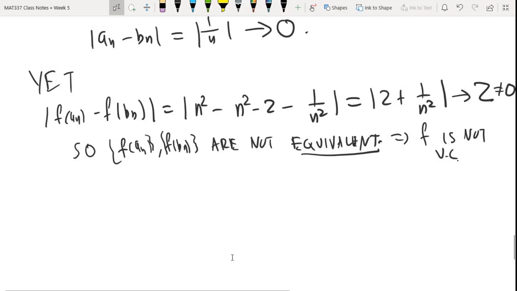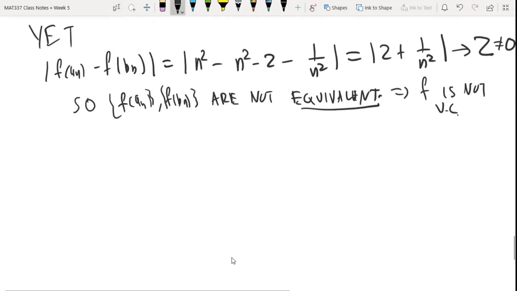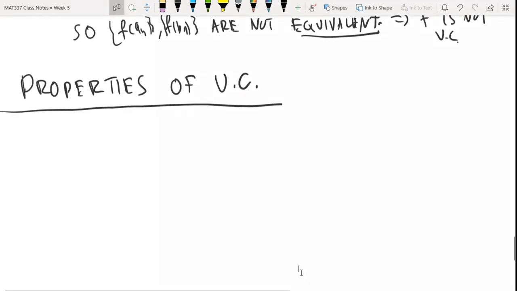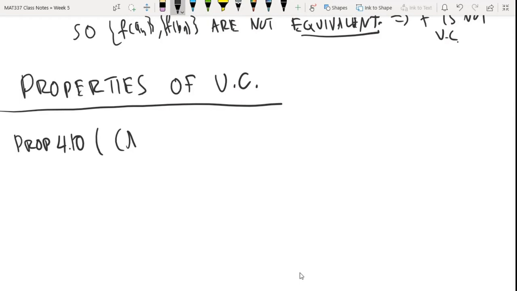Okay, so let's go over some properties for the rest of the class. One nice property is what's called, it maps Cauchy to Cauchy. What do we mean?